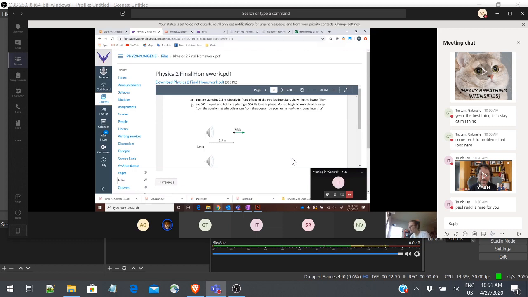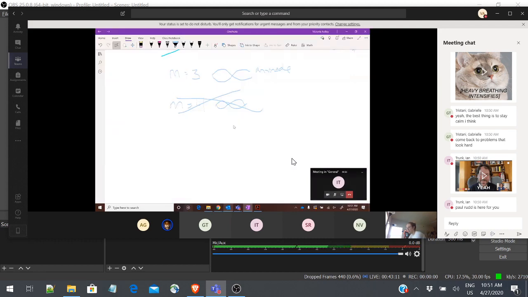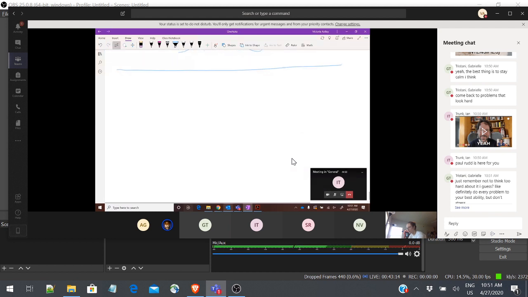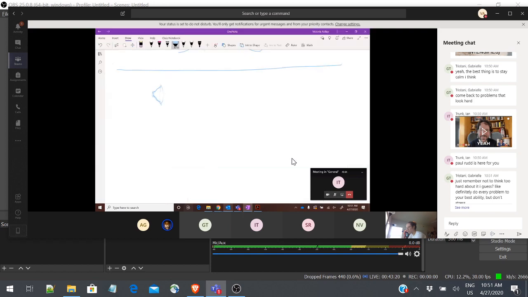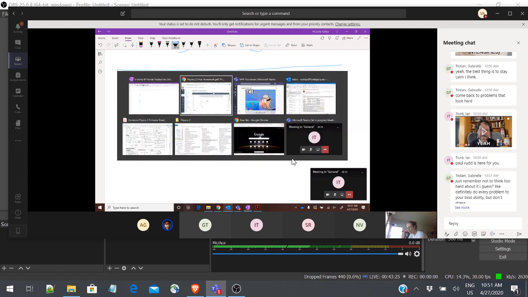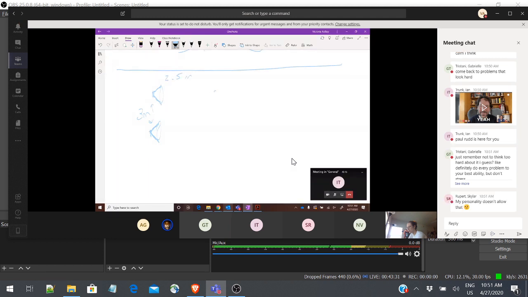All right. You're standing directly in front of the two loudspeakers. They're both playing this tone. As you begin to walk directly away, at what distances do you hear a minimum sound intensity? Okay, so the first question is, what do you hear at that specific location? So you have two speakers that are 3 meters apart, and you are 2.5 meters in front of one of them, is that right?